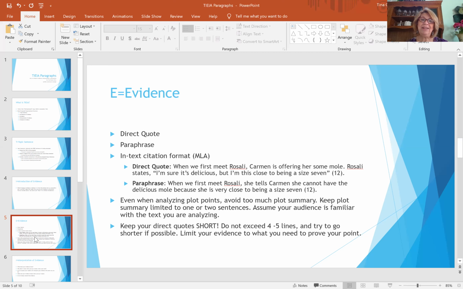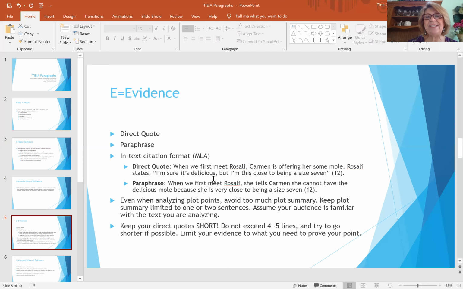According to MLA, when you do a direct quote, you introduce it. Right here, you see, when we first meet Rosalie, Carmen is offering her some mole. Rosalie states. That is your introduction. That is your signal to your reader you're about to bring in outside information. And then you give your direct quote. We know this because of the quotation marks.